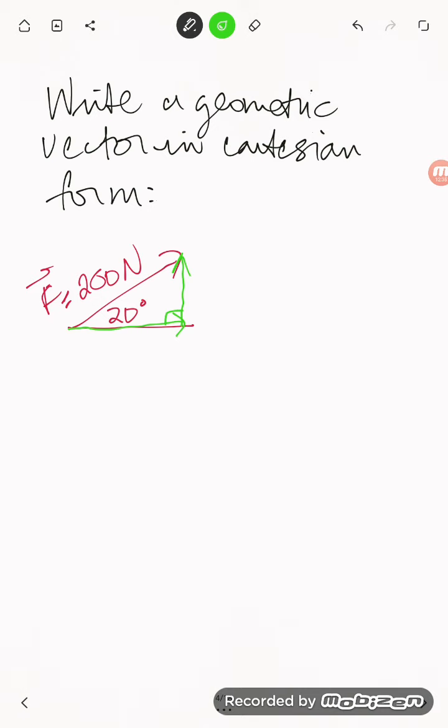And so in our live class together we did 6.5 together, where we resolved vectors into horizontal and vertical components. And so that's all you have to do here.